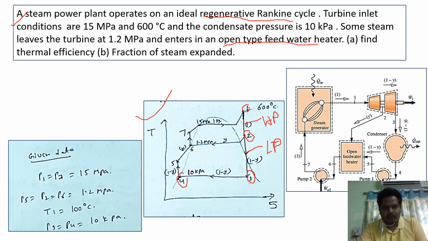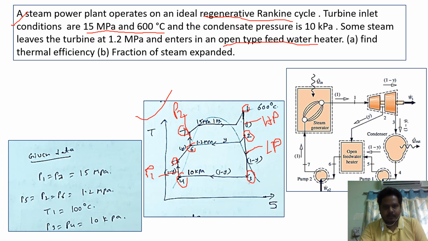Process 4-5 is the isentropic compression in pump 1. Process 6-7 is isentropic compression in pump 2. The remaining processes in the condenser, boiler, and open feed water heater are constant pressure processes. Now in the problem, they gave that turbine inlet conditions are 15 megapascal and 600 degrees centigrade.